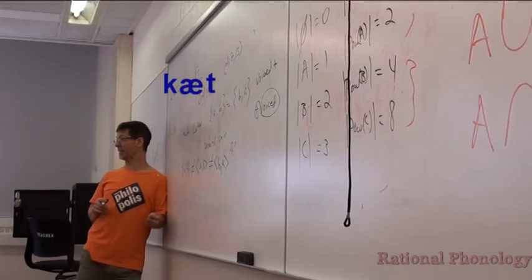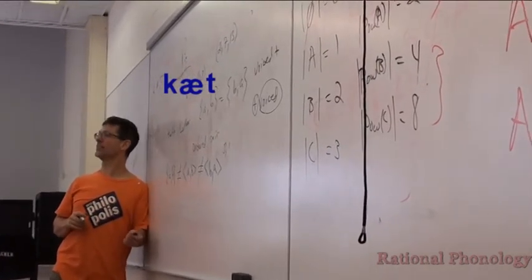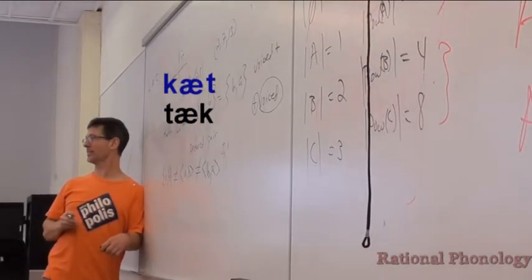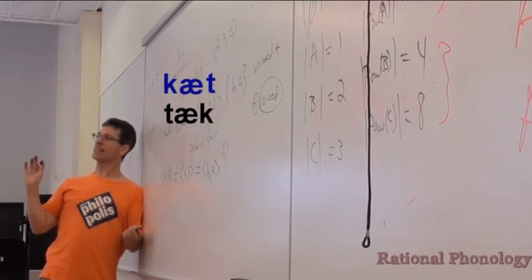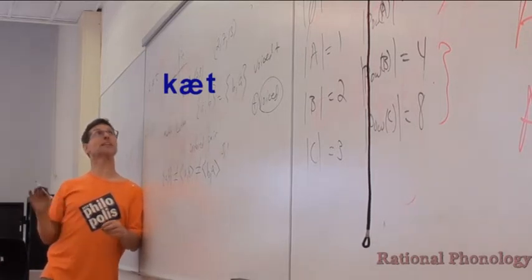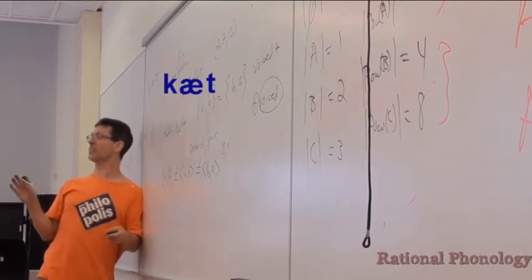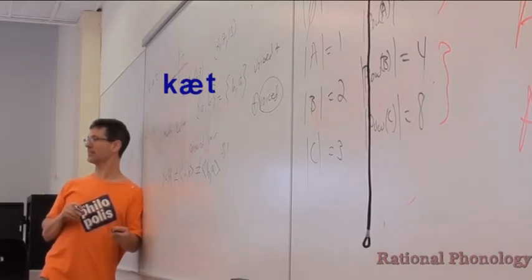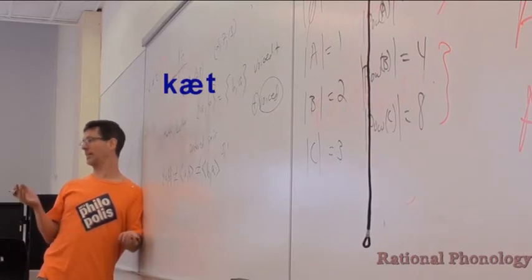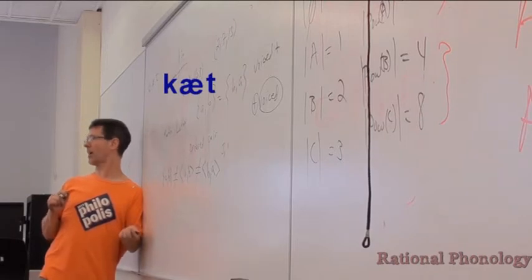What morpheme am I thinking of? Wrong. I was thinking of tack. Okay. Let's try again. I'm thinking of a morpheme of English, and it's got a k, an a, and a t. What morpheme is it? Well, is it cat or is it tack? Wrong. It's act.